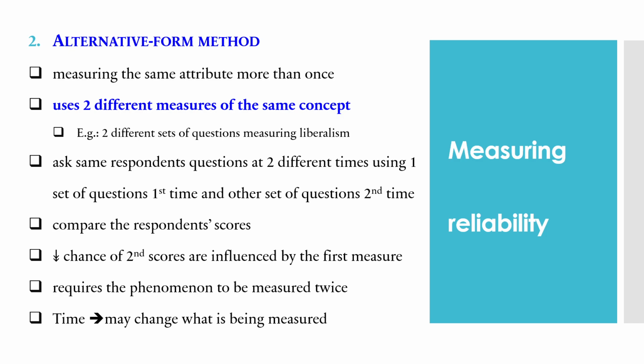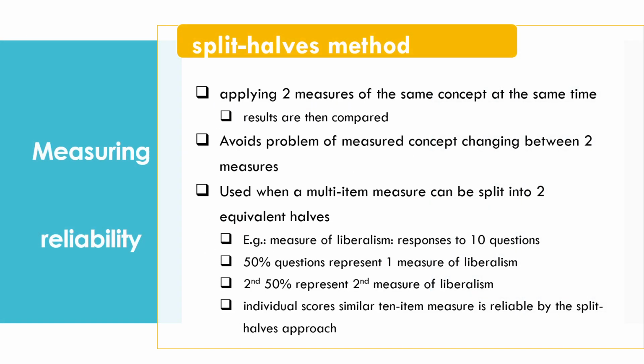Now, the split halves method, as we mentioned, you develop a measure and then you split it into 2, and then you apply it to a group. And so, for example, if you have a measure of liberalism or conservatism, and then you split it.